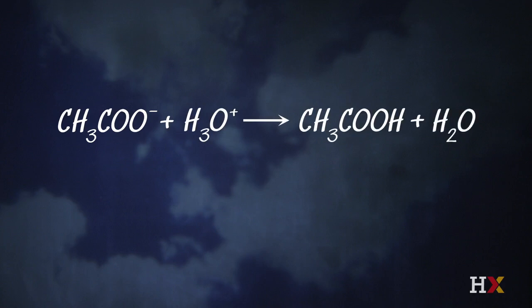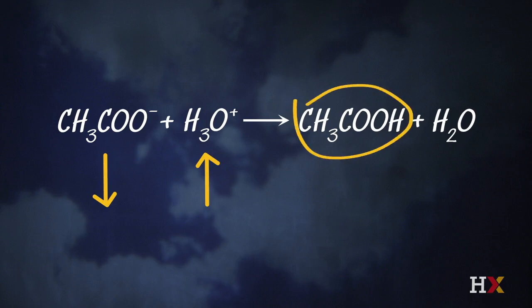But remember what's happening here. We put in 1 molecule of H3O plus, we remove 1 molecule of the acetate anion, and we produce 1 molecule of the acetic acid product. So one acid molecule goes in, one acetate anion comes out, and one acetic acid molecule is produced.